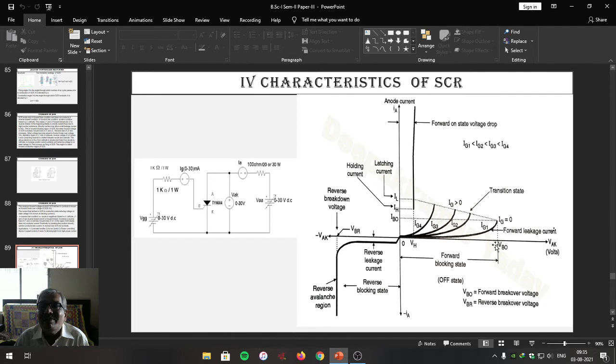At the cost of that there is a sudden rise in anode current, and the SCR is said to be in the conduction state. It is said to be fired. This particular region we can call the forward conduction region.